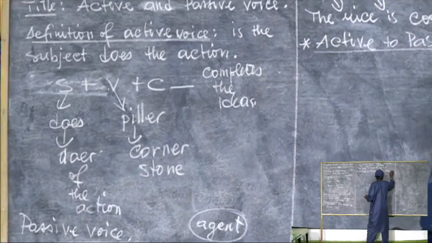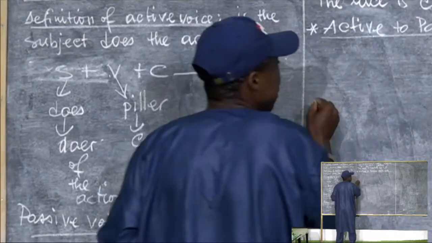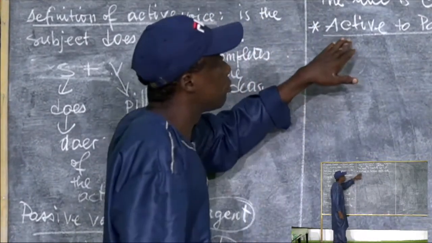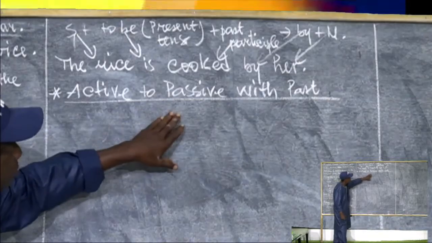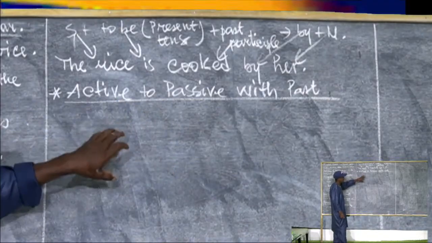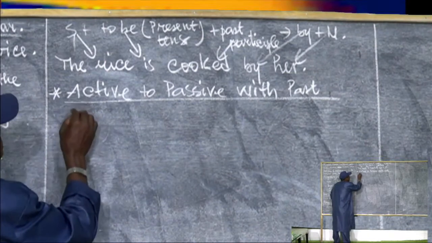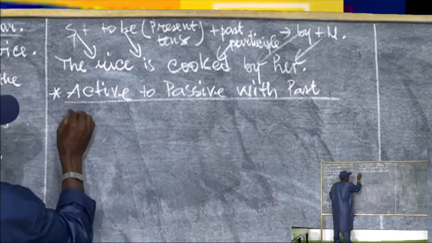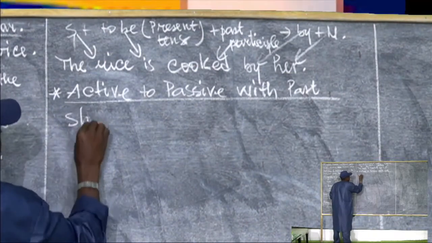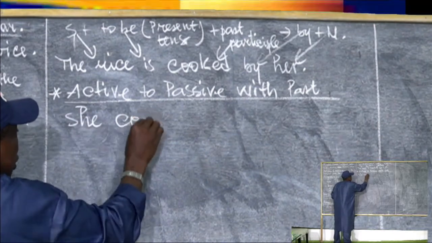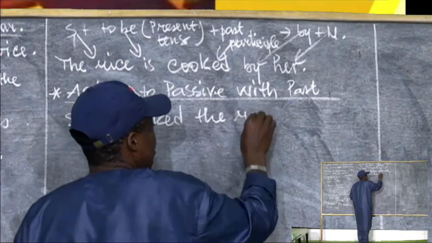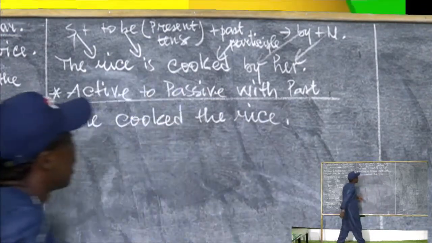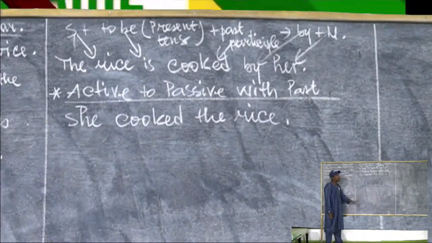In this case, the verb is in the past. Example, she cooked the rice. She cooked the rice, the verb is already in the simple past.